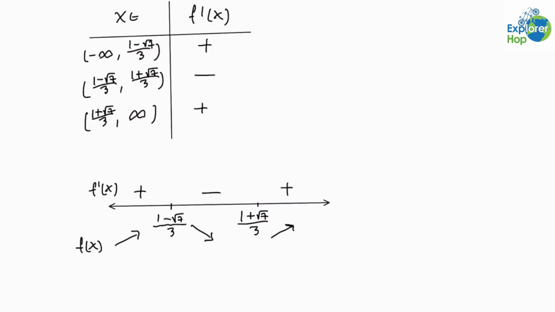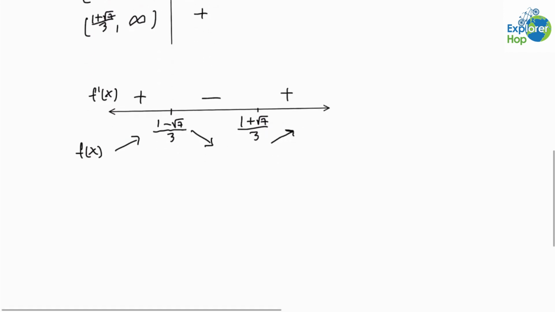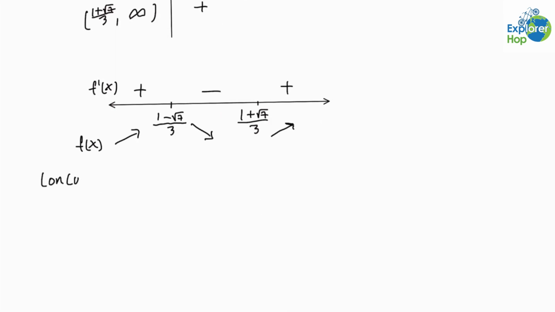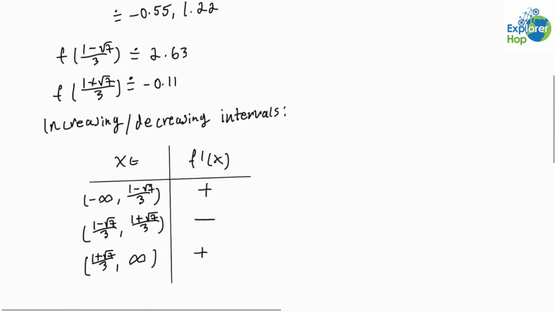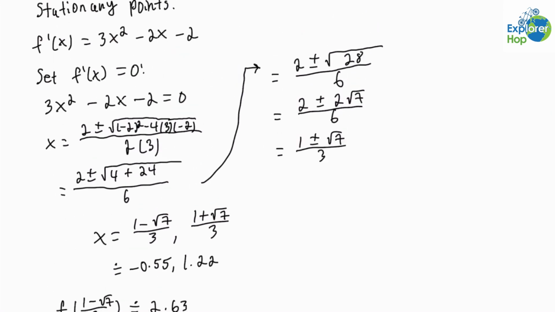Now, let's find the intervals of concavity. Before we find the intervals of concavity, we first need to determine the points where the second derivative is equal to 0. So using the differentiation rules we've learned, the second derivative of f of x is equal to 6x minus 2.